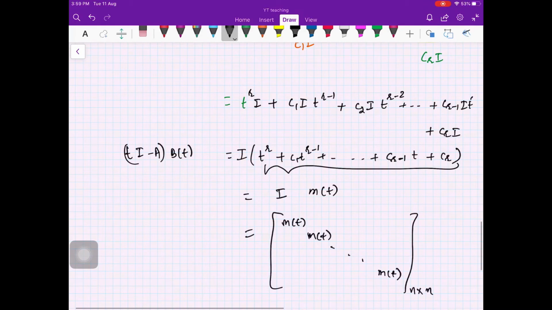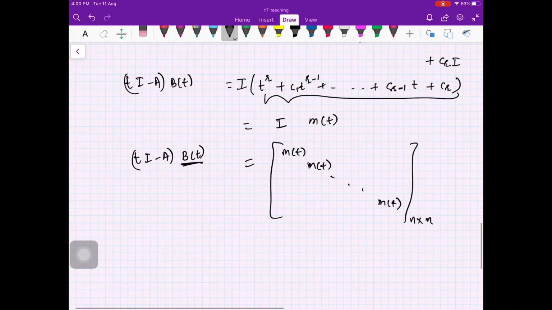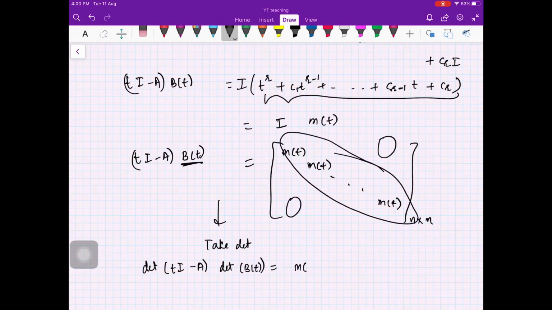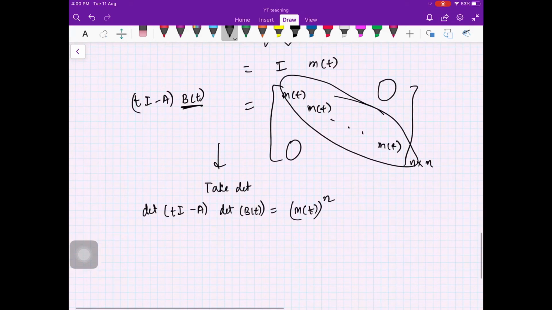N times. This is equal to TI minus A into BT. BT is a matrix. Now you take the determinant. So what will happen? The determinant of TI minus A into the determinant of BT will be, what will be the determinant of this matrix? Here 0, here 0. So this is MT raised to power N.